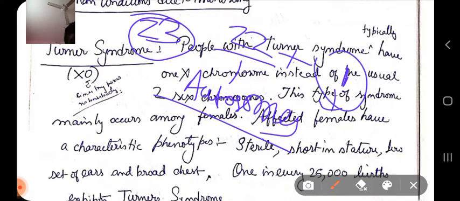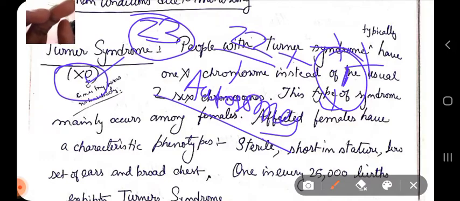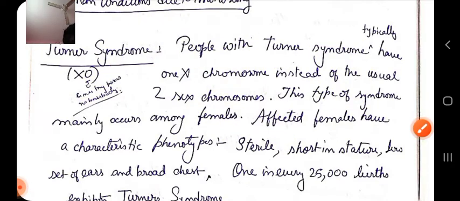Within that sex chromosome pair, females have two X chromosomes, and one of the X chromosomes has been removed. That is Turner syndrome. So in humans, Turner syndrome is the only full monosomy that can be observed.